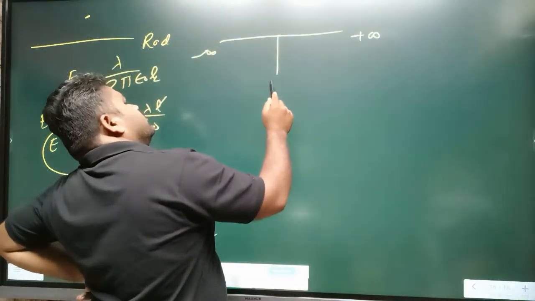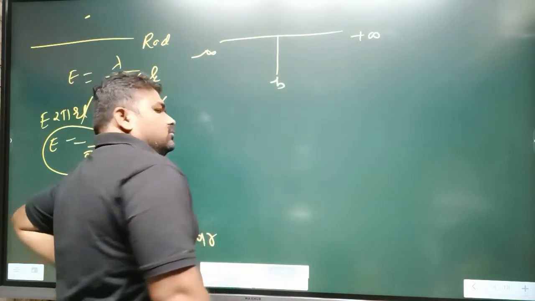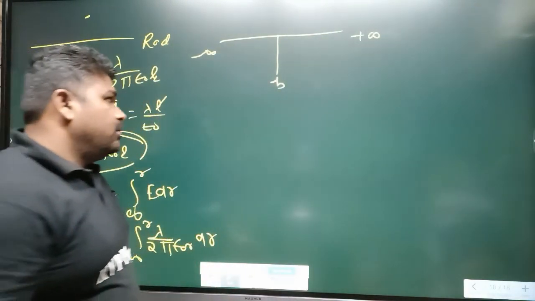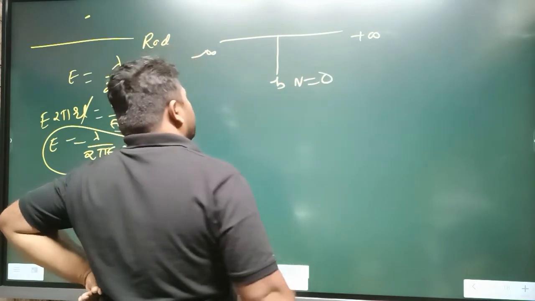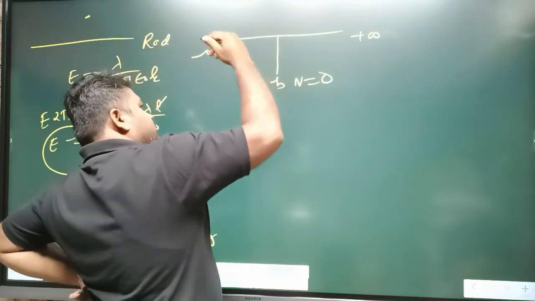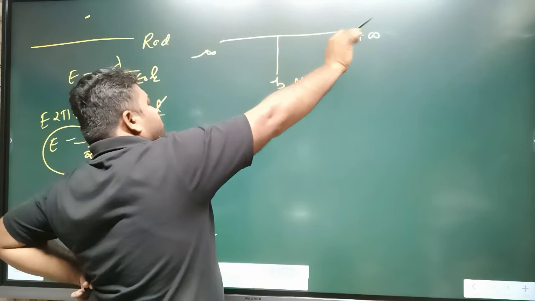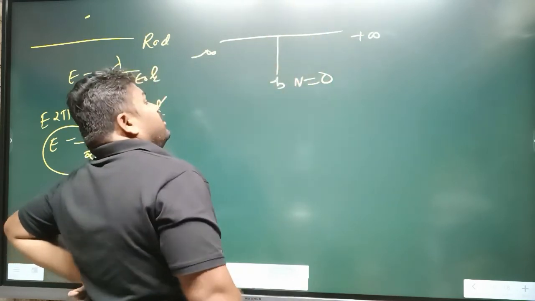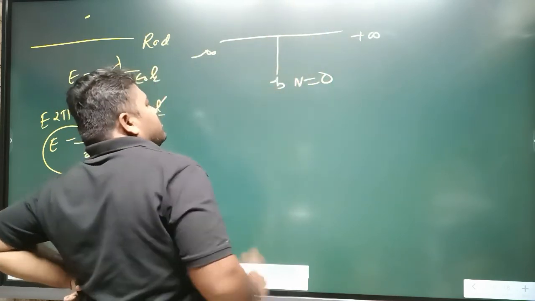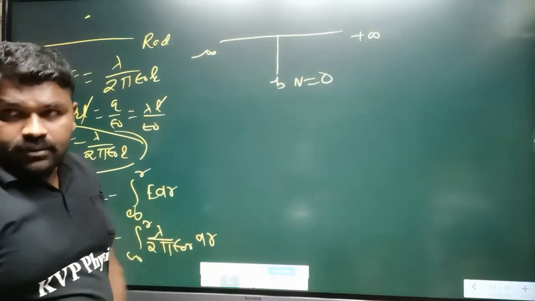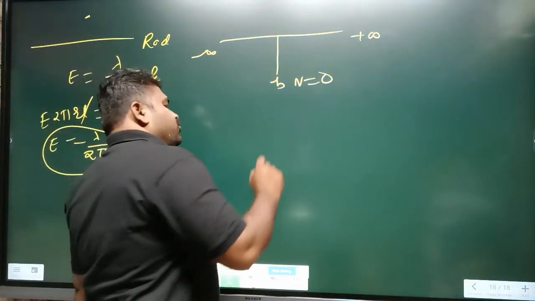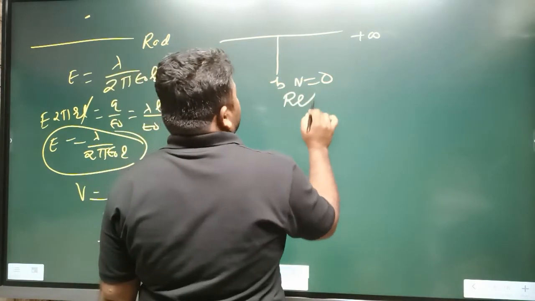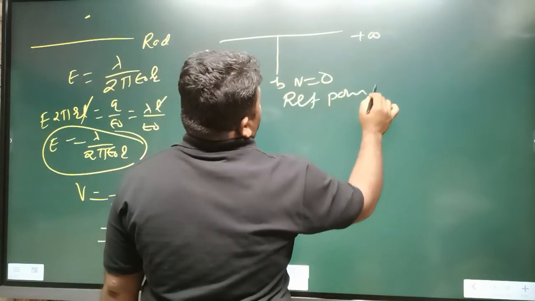No. System itself going to the infinity. Hence we cannot take a reference point at infinity. Then we consider at the B, potential is equal to 0. And this point is known as a reference point.